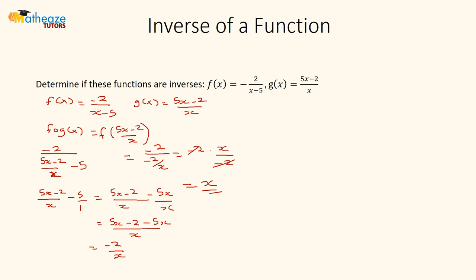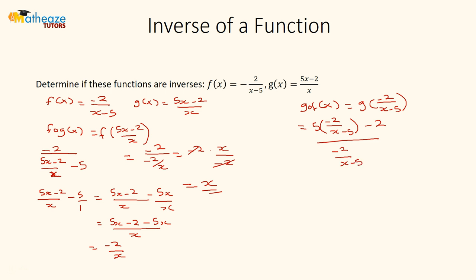Let's try g∘f of x, which is going to be g of negative 2 over x minus 5, which is going to be 5 of negative 2 over x minus 5, minus 2, over negative 2 over x minus 5.